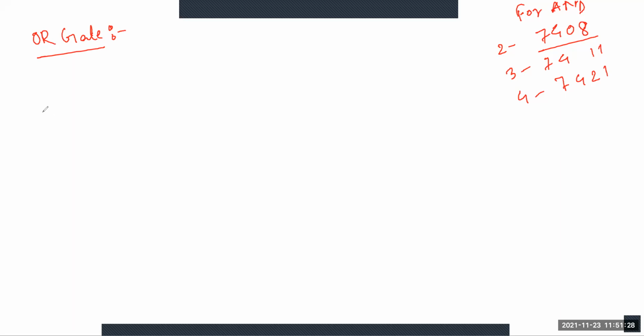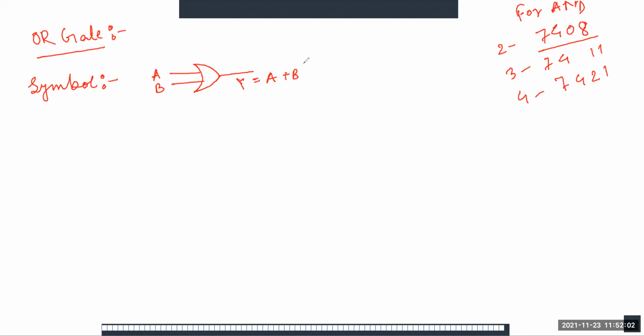So first one is the OR gate, the symbol. Again, here you can see there are 2 inputs and 1 output.